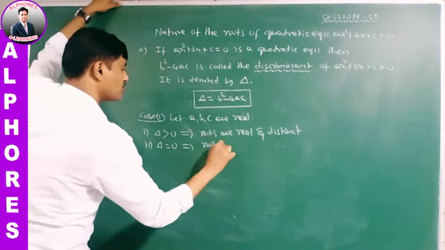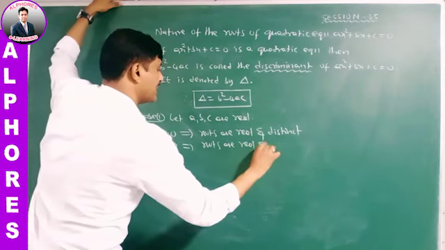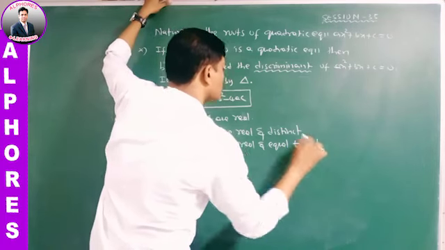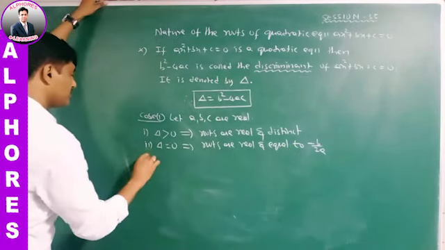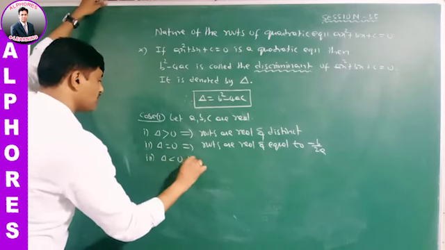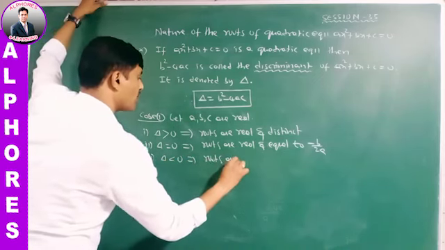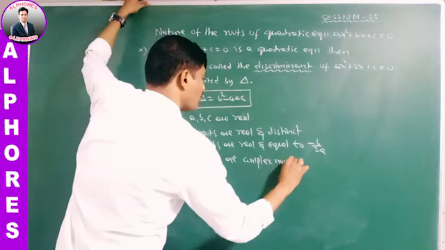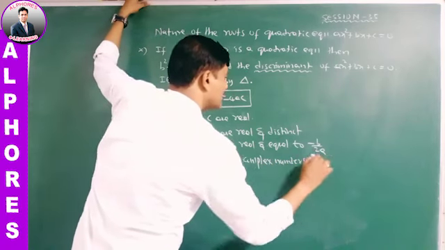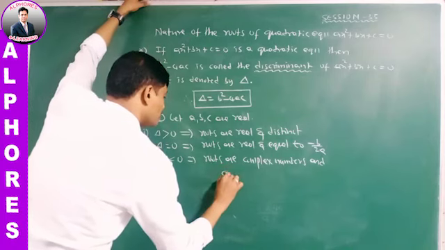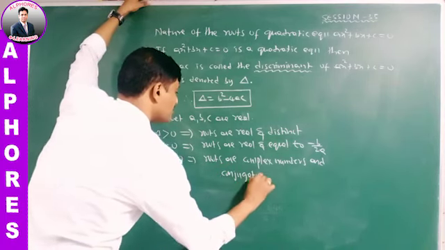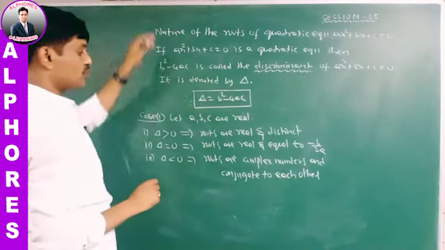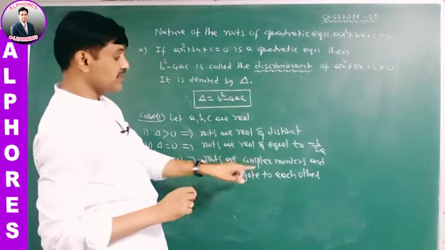In this case, roots are real and equal to minus b by 2a, because delta is going to 0. And third one, delta less than 0, roots are non-real complex numbers and conjugate to each other.